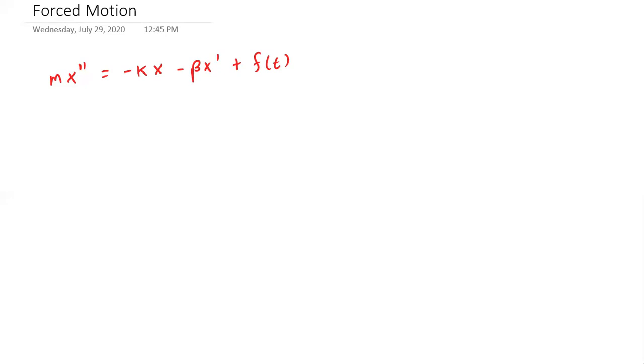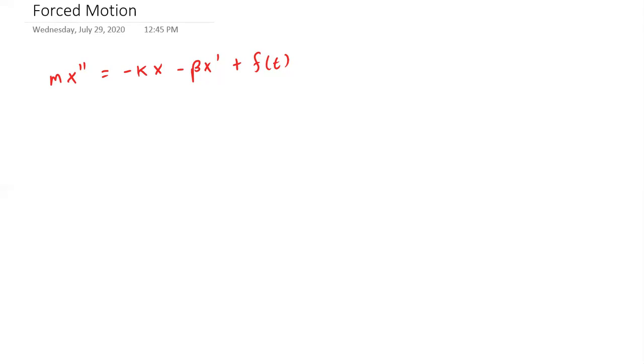Now, I write it as plus f of t. You can think of it in a couple different ways. Whichever way you choose is up to you. You can think of it as being positive because this force is actually going in the direction of motion, because it's forcing the motion. That's the best way to think of it. Another way is that the sign is just going to be determined later.